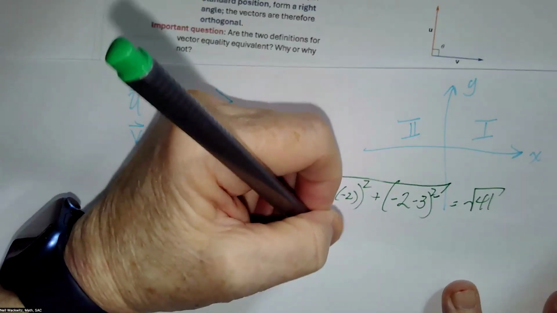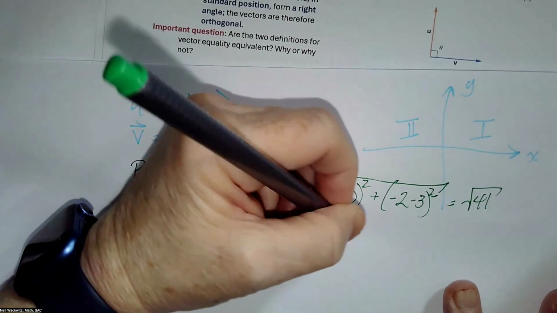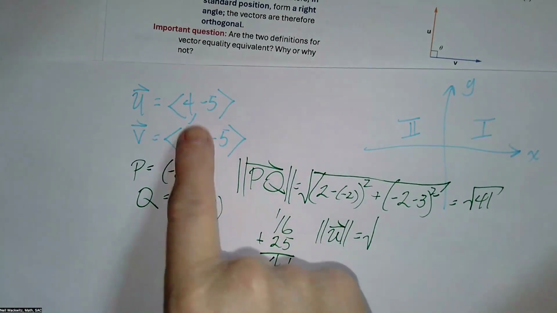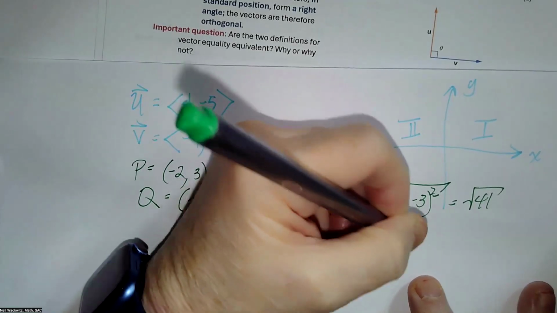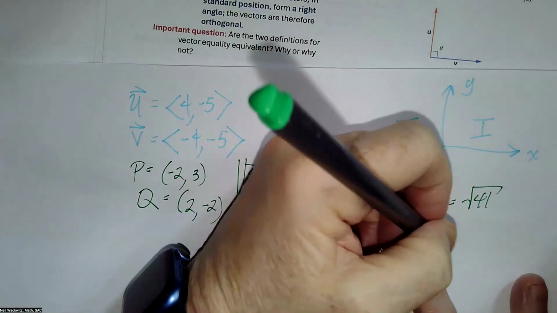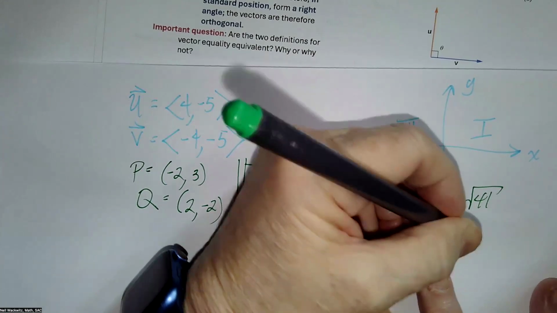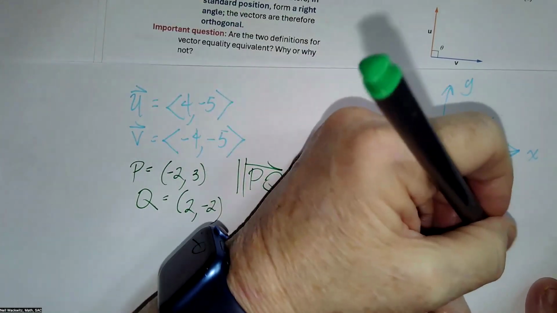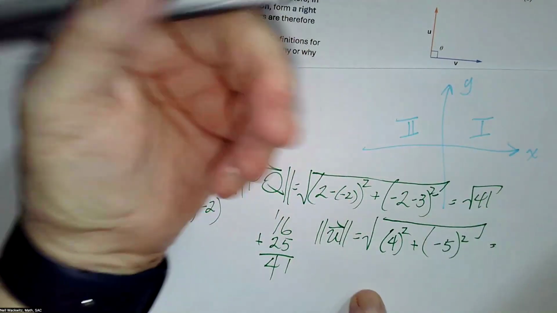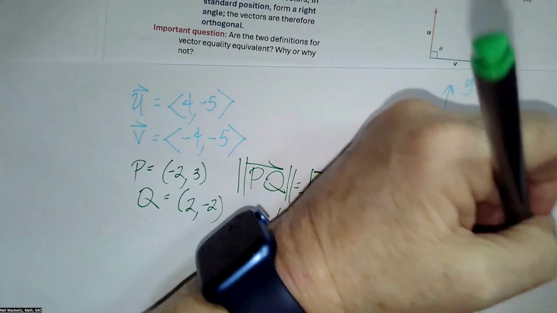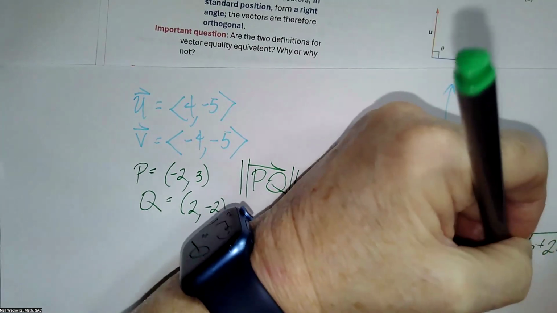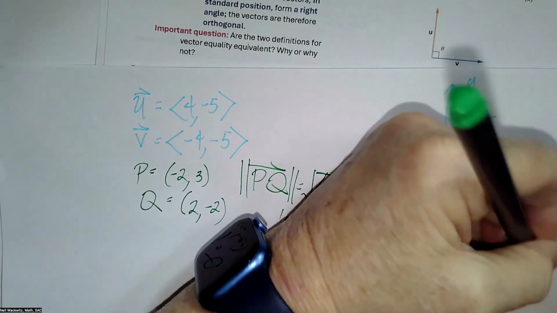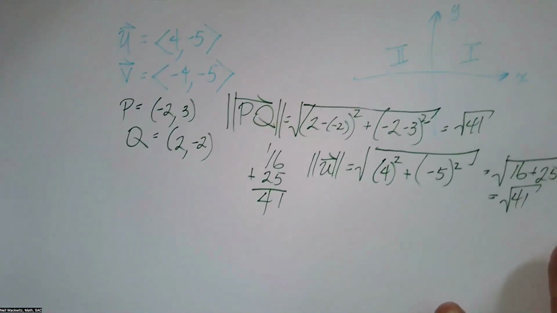The magnitude of u is just 4 squared plus -5 squared, and I'm getting the same two numbers, 16 plus 25, the square root of 41.